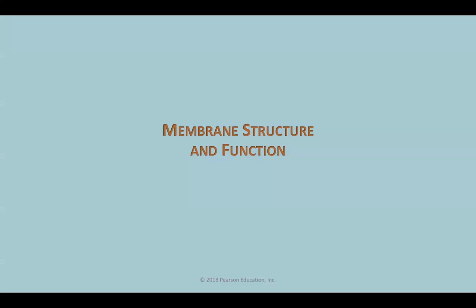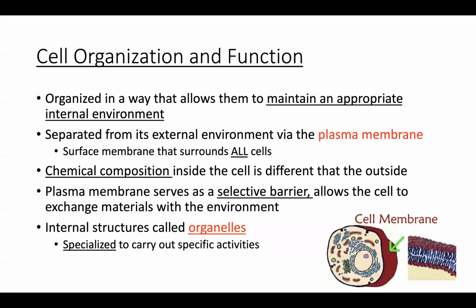Okay, so let's talk about the structure and makeup of the cell a little bit. The most important structure that we'll look at here on the cell is going to be that outer barrier, right? That protects the cell. That's going to be the plasma membrane, also referred to as the cell membrane. Okay, and so we've talked about this concept that cells must maintain an appropriate or constant internal environment.